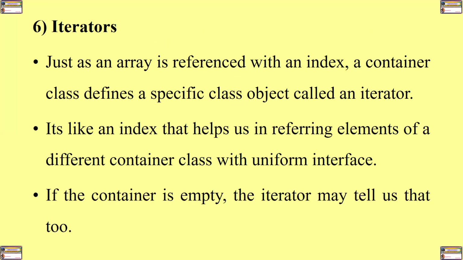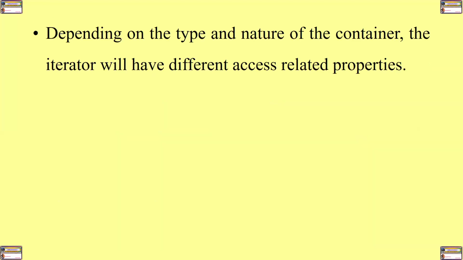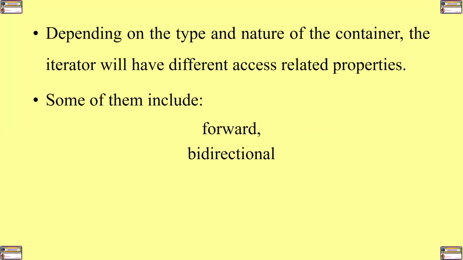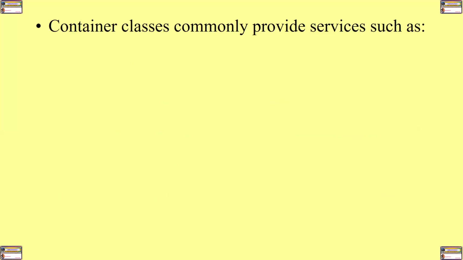If the container is empty, the iterator may tell us that too. Depending on the type and nature of the container, the iterator will have different access-related properties. Some of them include forward, bidirectional, random access, input, output.